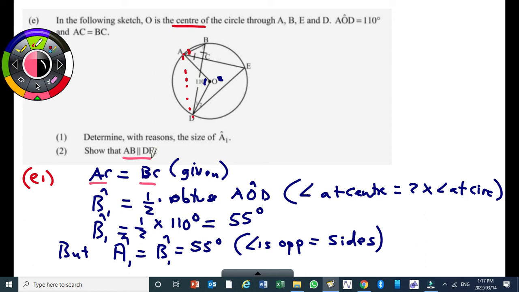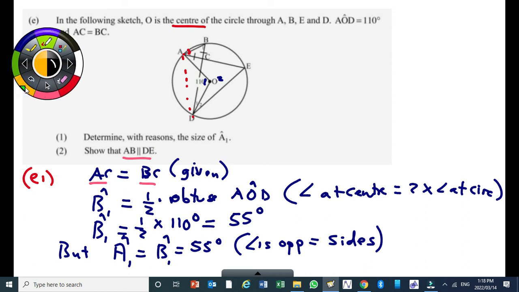So here, I just have to prove that either angles are equal because they are alternate, or they are equal because they are corresponding. I'm not sure how you did, but some of you I saw that you had an idea. But in my case, what I'm going to do is just prove that B1 is equal to BDE. I know that angle B1 is 55.